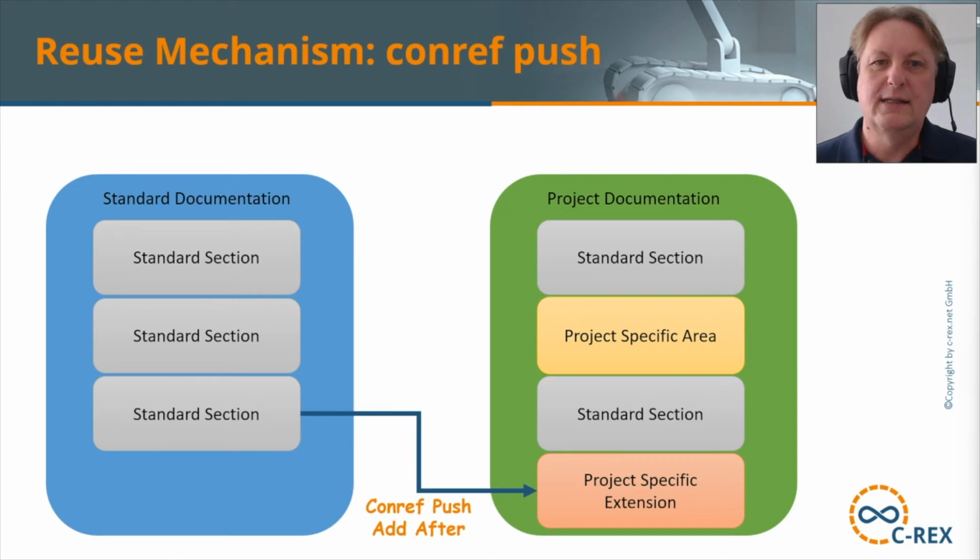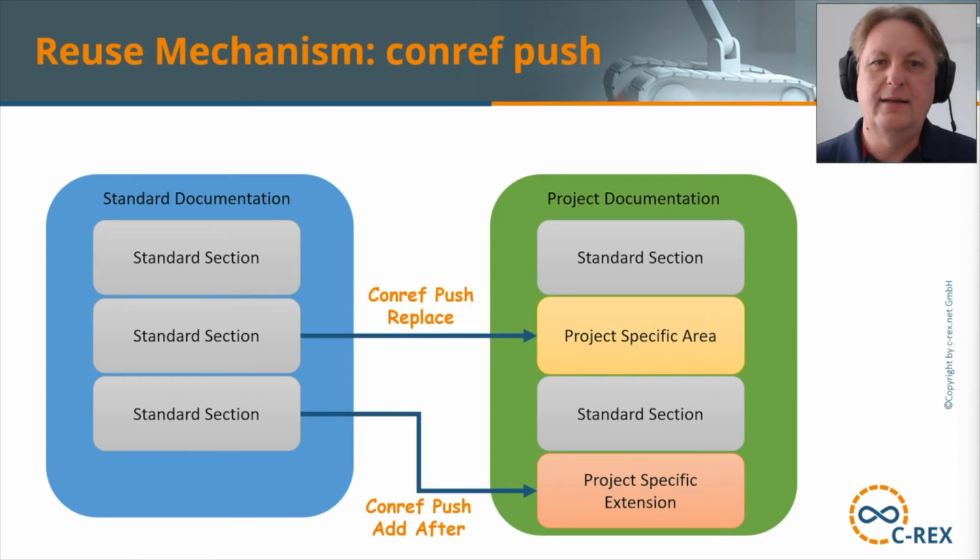If we want to extend a standard description, we conref the section from the standard documentation in our reuse topic. After that, we add a conaction attribute to write content which is added before or after this section. And we add a conaction attribute with a value replace to override a certain section with project-specific content.